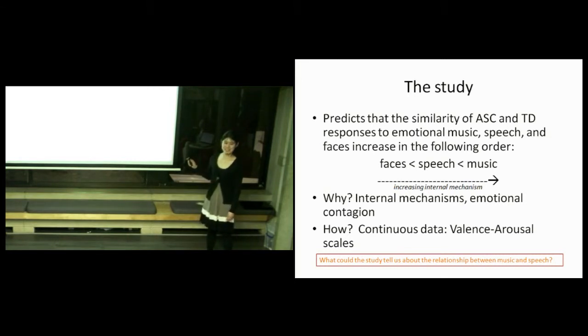So music would show the highest similarity between those two groups, because music and speech have greater involvement of internal mechanisms, which ASC individuals usually tend to rely more on. Basically there's more emotional contagion than cognitive attribution. And I'm going to do that through continuous data, so the valence arousal scales.